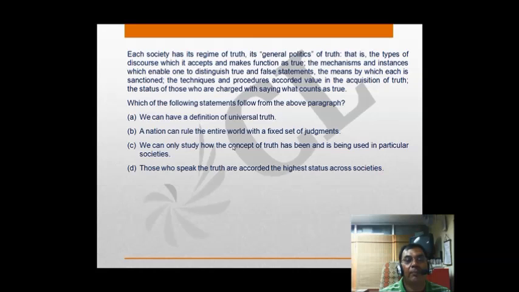Again, it's difficult. Each society has a regime of truth, its general politics of truth, that is, the types of discourse which it accepts and makes function as true. The mechanisms we need to distinguish true and false statements. So that means they think about whatever is right and accordingly they decide. The procedure is recorded, and they decide. The people who are charged with saying what counts as true.